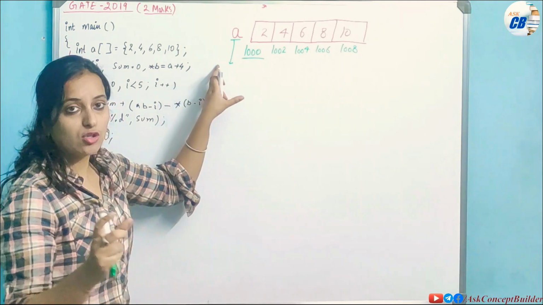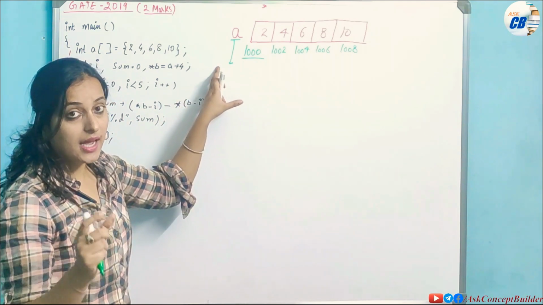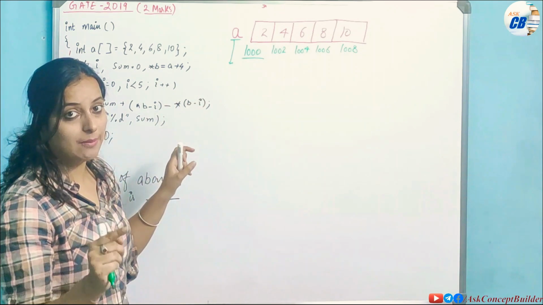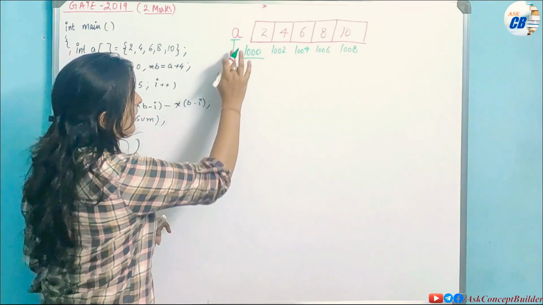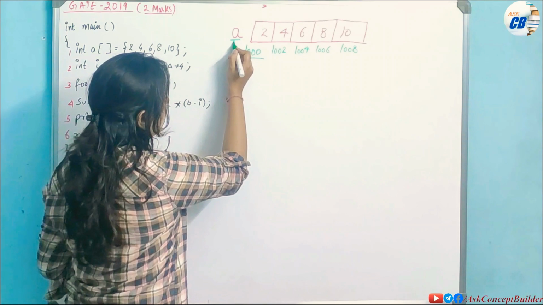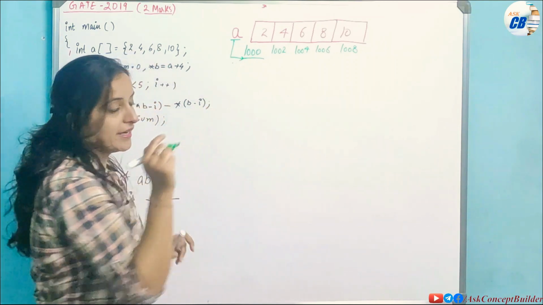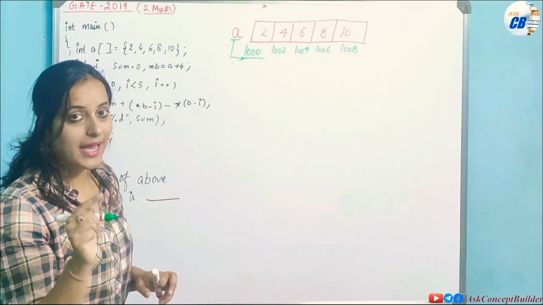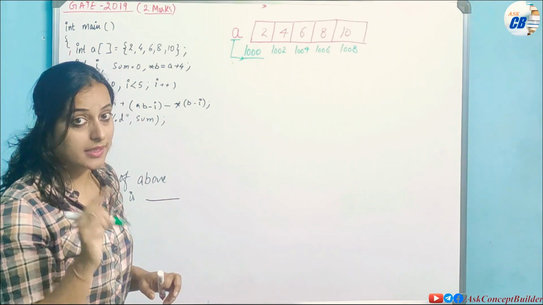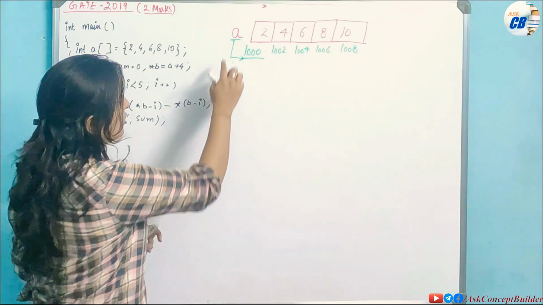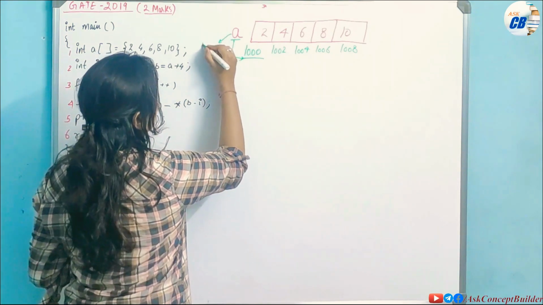So the address of your array a is the address of its first element. Whenever we are given the address of any array, it will always be the address of the first element. You should know this. So the address of this array a will be 1000 only.